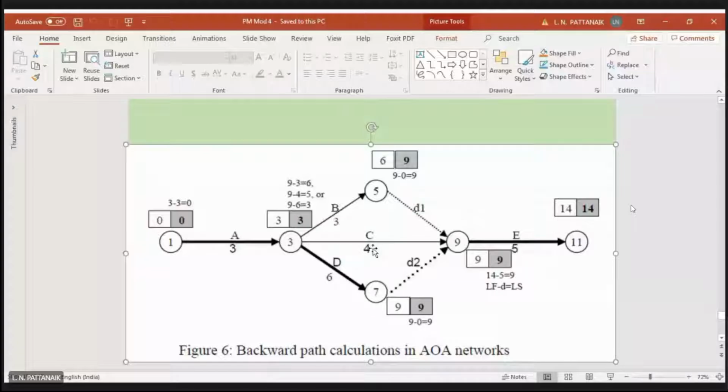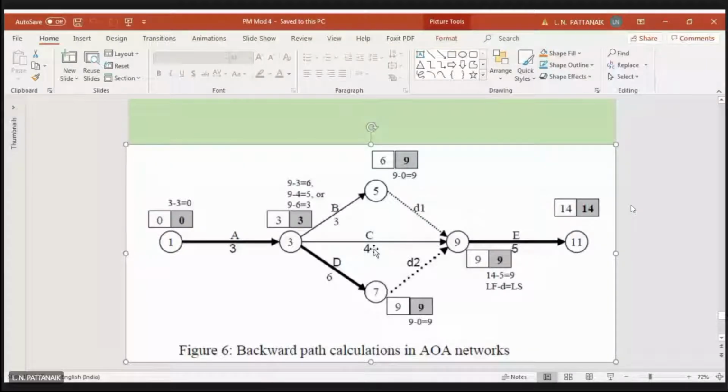That means all the critical activities always exist between two nodes which have no slack. No slack means the early start and latest start are the same.